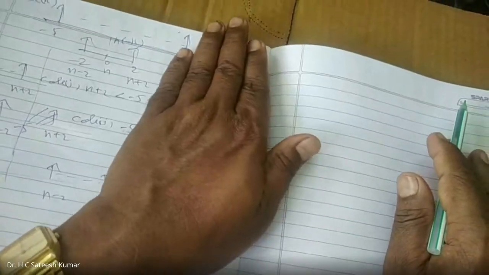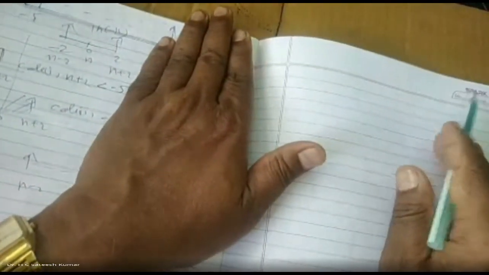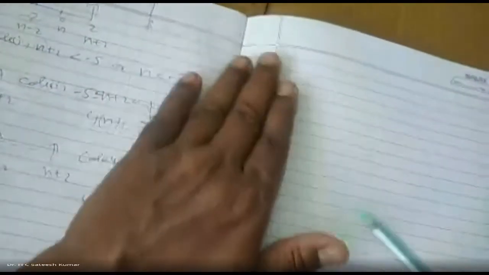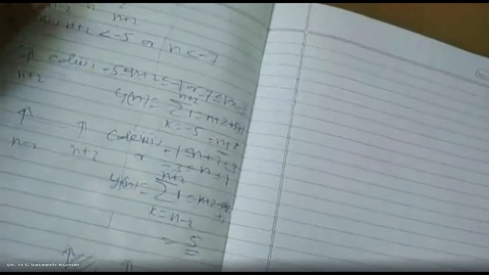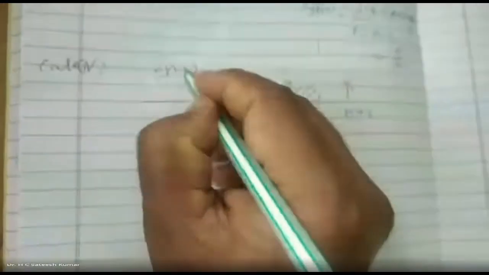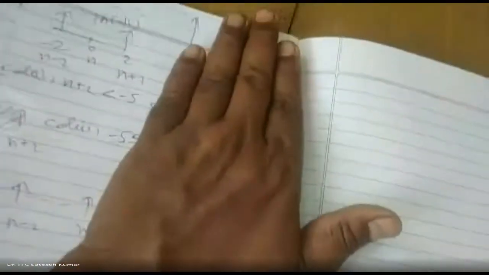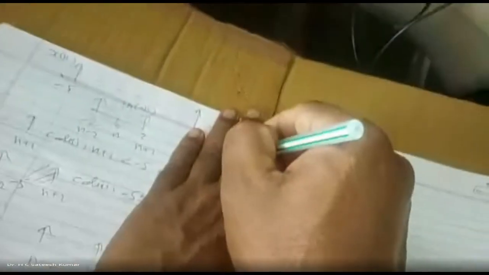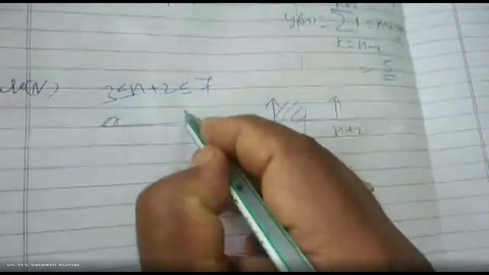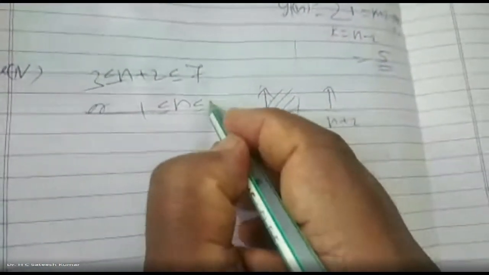So when the last element overlaps with the last element of the first signal, this is 3, 4, 5, 6, 7. So therefore, what is that we have? The right edge n plus 2 moves between 3 to 7. Okay, I'll count it once again. So 3, 4, 5, 6, 7. 5 elements, therefore it will become 7. So 3 to 7, or n lies between 1 to 5.